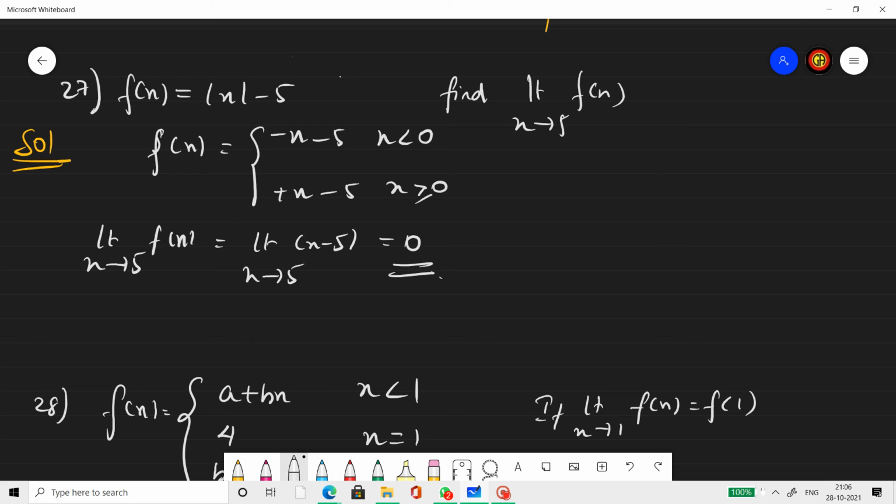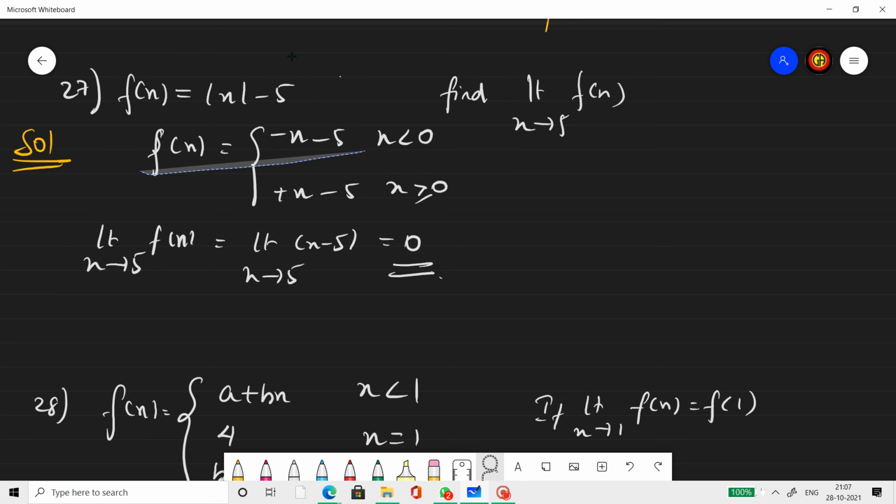Next question, f of x equals to mod x minus 5. And they want us to find a limit extending to 5 on f of x. Now here, the critical point is not 5 because mod x is defined at 0. 0 is a critical point. So therefore, when they insist us to do it for 5, we don't need to follow LHL RHL method here.